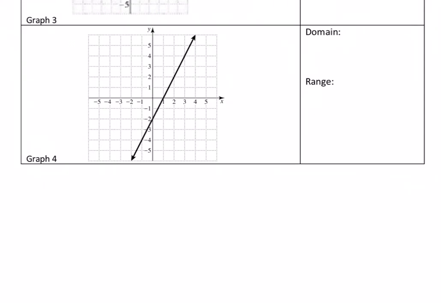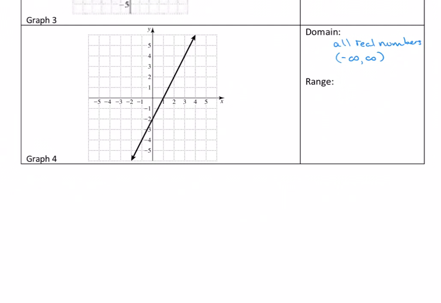Okay, this is a linear function. And so if we look at this, what do we have in terms of left to right? Well, if we look at these arrows, this arrow goes forever to the left. This arrow goes forever to the right. So our domain is all real numbers. In interval notation, that is negative infinity to positive infinity.